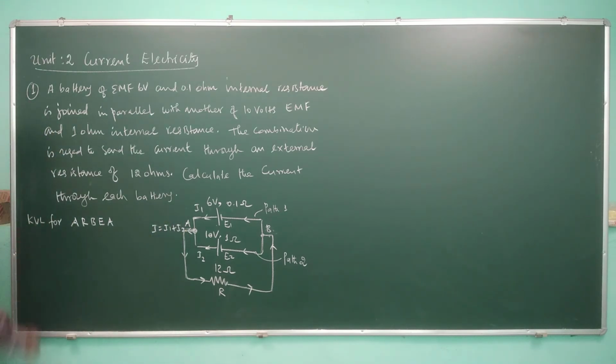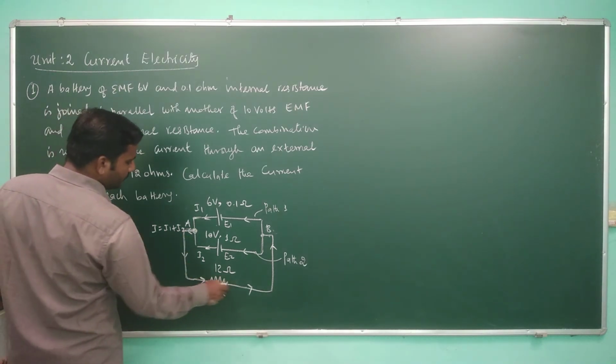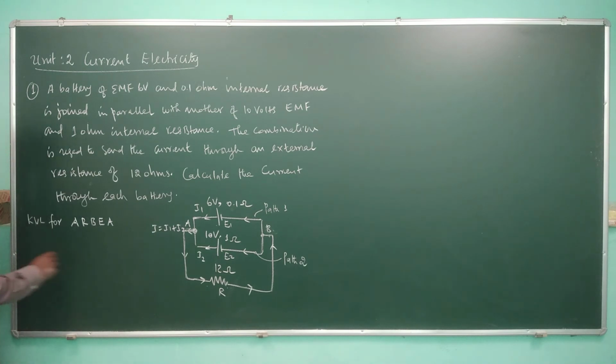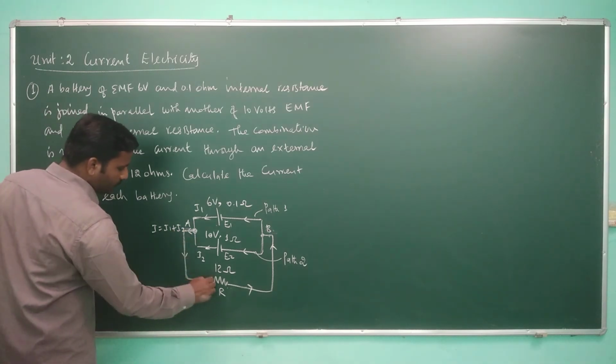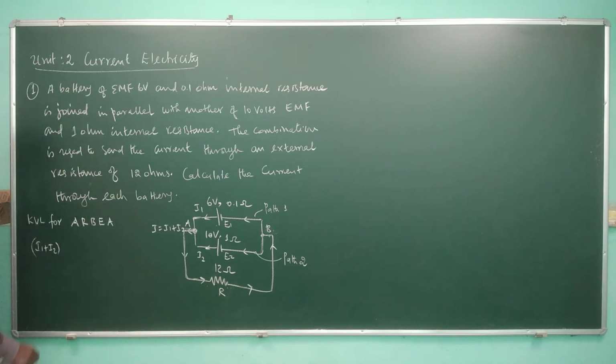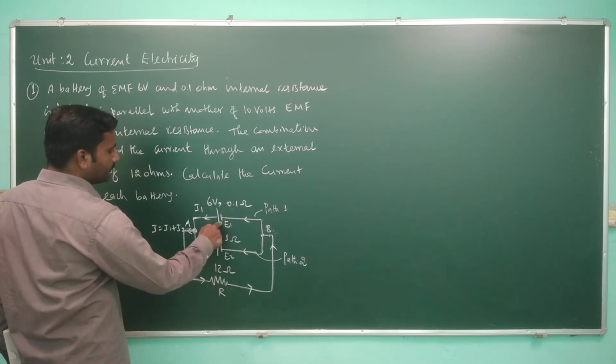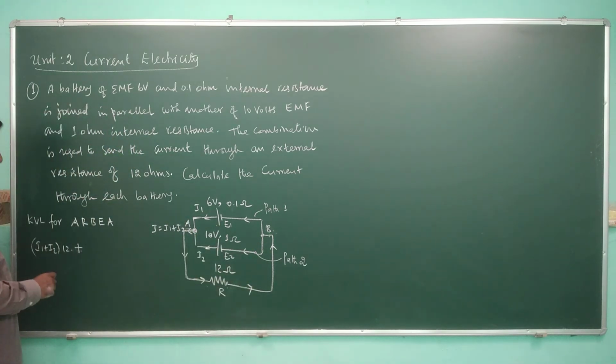Now we are writing KVL, starting from this point. The current flowing through this resistor is I1 plus I2, multiplied by R, so I1 plus I2 into 12, plus, coming through this way, what is the resistance?